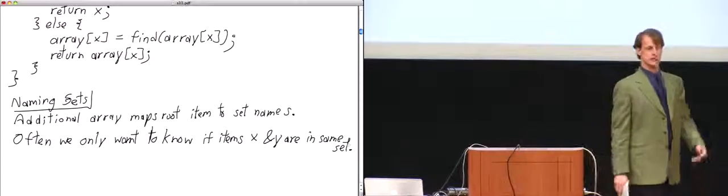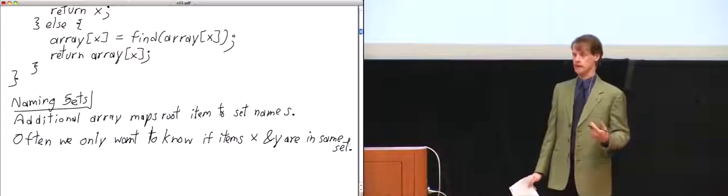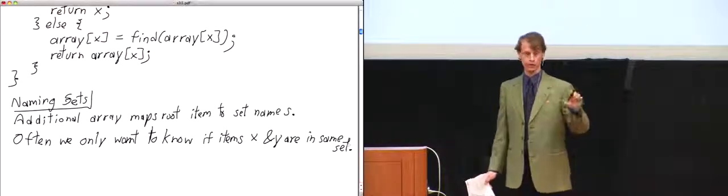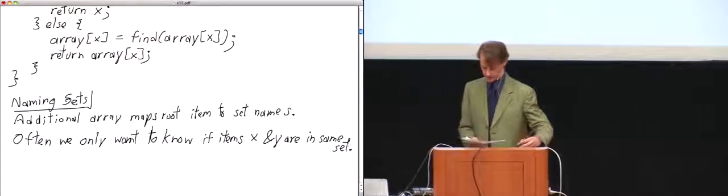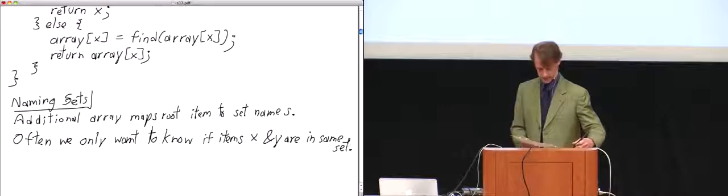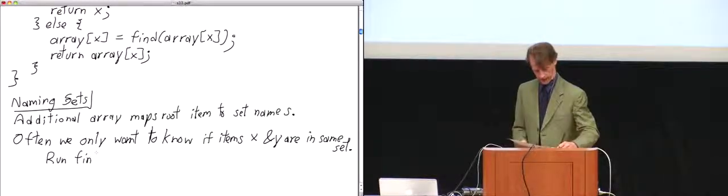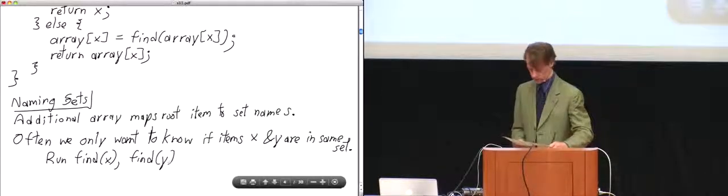So, for instance, in Kruskal's algorithm, each disjoint set is going to represent a connected component of the graph that you're building. And X and Y are in the same set if they're connected by a path in that graph. To answer that question, you run find on X and get the root of X's tree. You run find on Y and get the root of Y's tree.